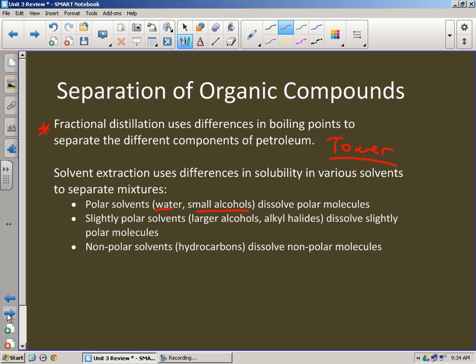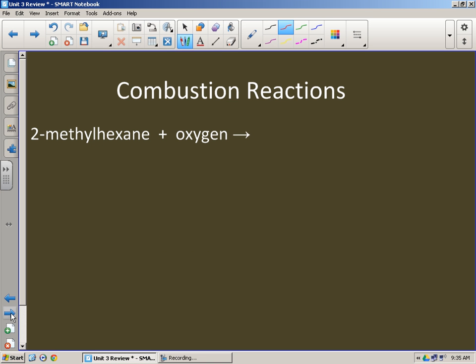The smallest molecules that are polar tend to be very soluble, but as you get larger and larger, that polarity starts to wear off, so they don't become as soluble anymore. Boiling points, the larger the compound, the higher the boiling point. However, they are less polar. So there are some things there that you probably want to go back to, and I told you guys to make cue cards with that stuff. Probably a good thing to look at for those, right?